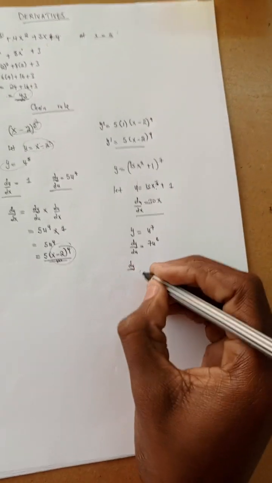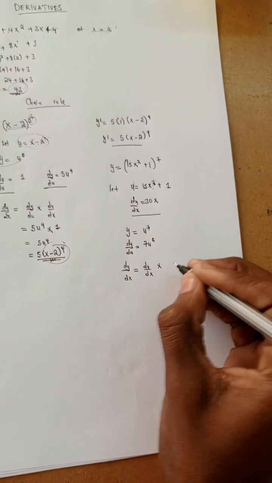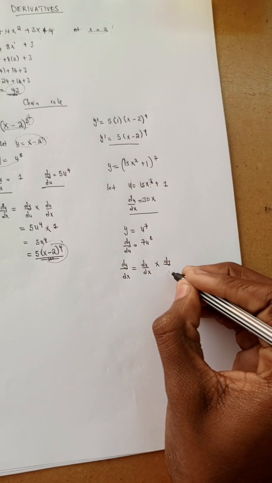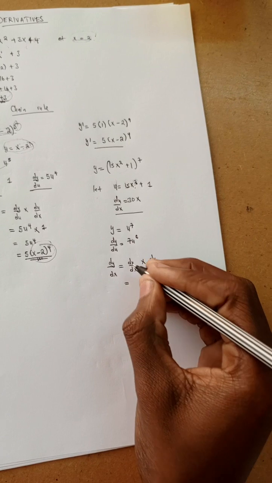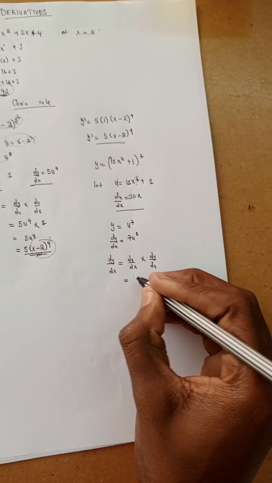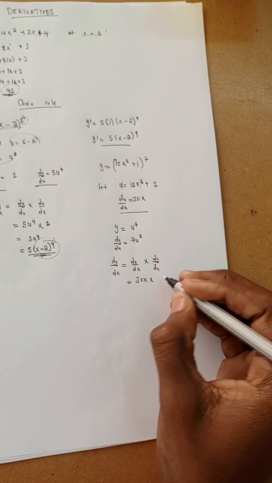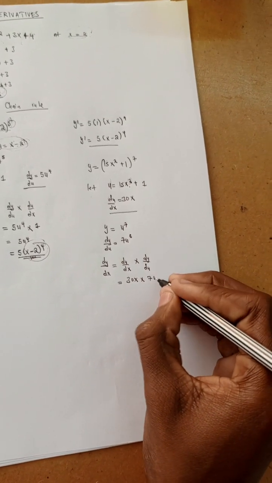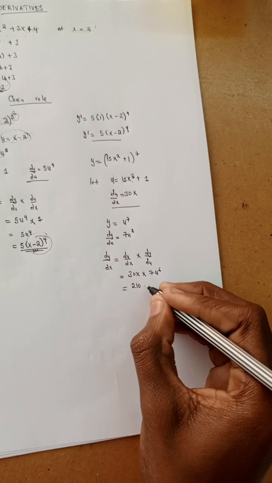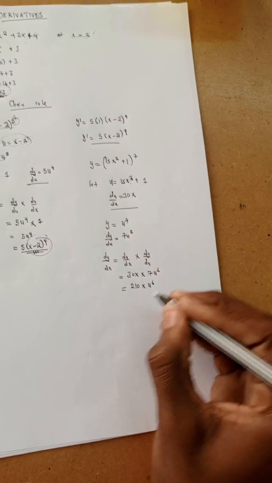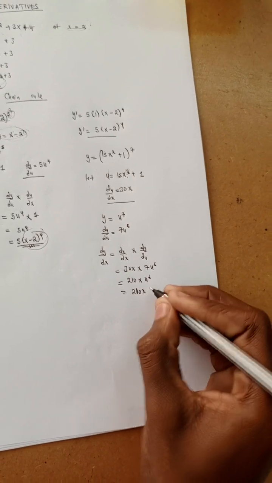So dy/dx is now du/dx times dy/du. du/dx is 30x times dy/du, which is 7u to the power 6. 7 times 30x is simply 210x.